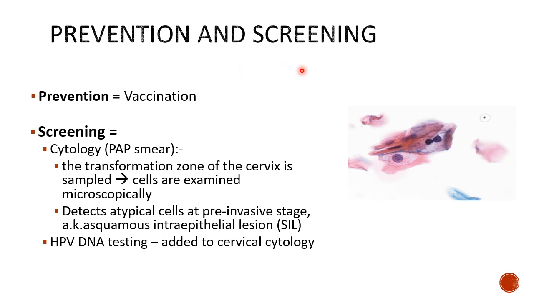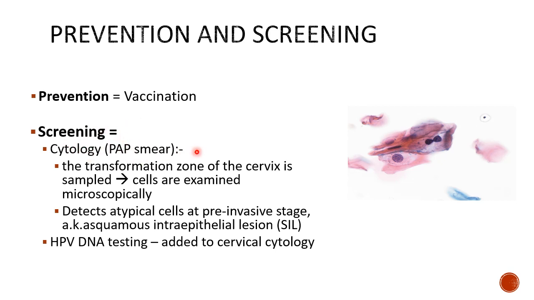One slide on prevention and screening. So you know that prevention now works in the form of vaccination. HPV vaccination is now routine, and that will help prevent infection by the high-risk HPV. Screening is done to detect the abnormal cells in the pre-invasive state, and screening now takes two forms.